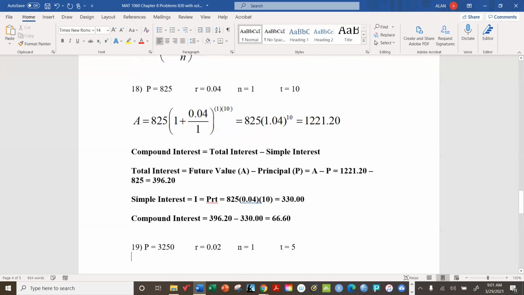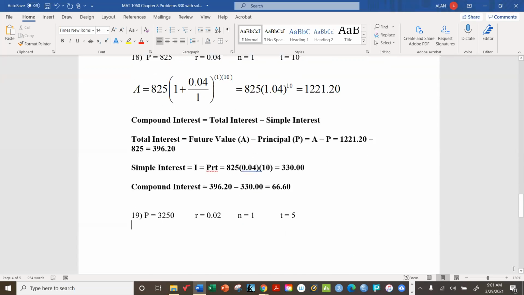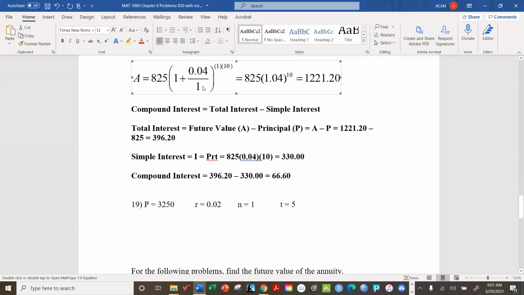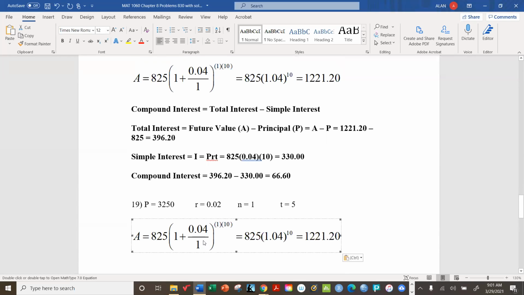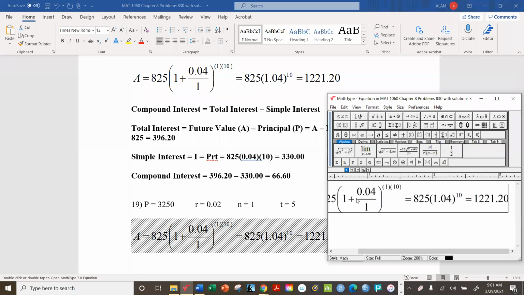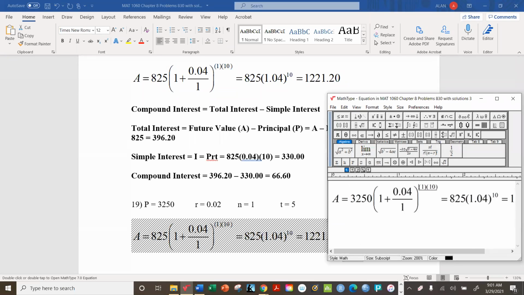Okay. So the first thing we'll do is plug all this into our future value formula. I'll just edit this one. $32.50, the rate is 2.